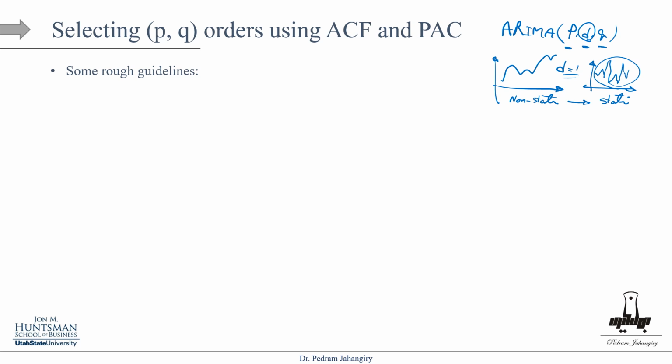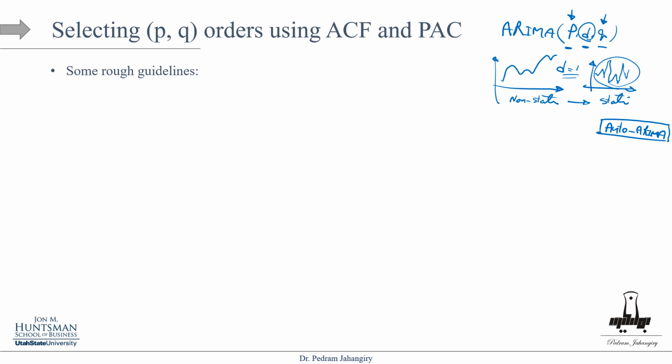Then how do we identify the values for p and q? Okay. There are some rough guidelines, and I want to give you a heads up. This is going to be a little subjective, and it relies on expert knowledge, domain expertise, etc. But at the end of the day, you can use something called, for example, auto ARIMA using Python packages, and then it is going to do some optimization behind the scenes, some calculation, and tell you what are the best values for pdq to give you the minimum value of your cost function, right?